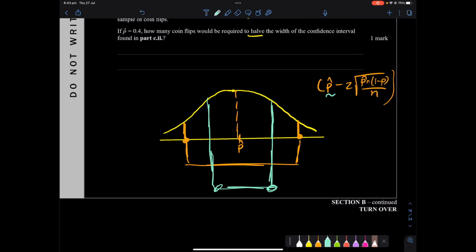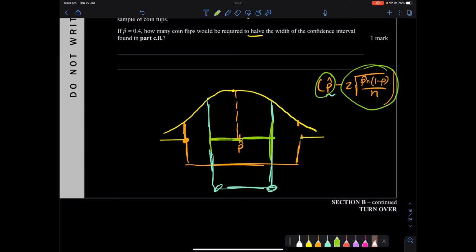Doesn't that mean that if we halve the width, we only halve this margin of error? Originally it was like this, but now we halved it, so now it's over here.